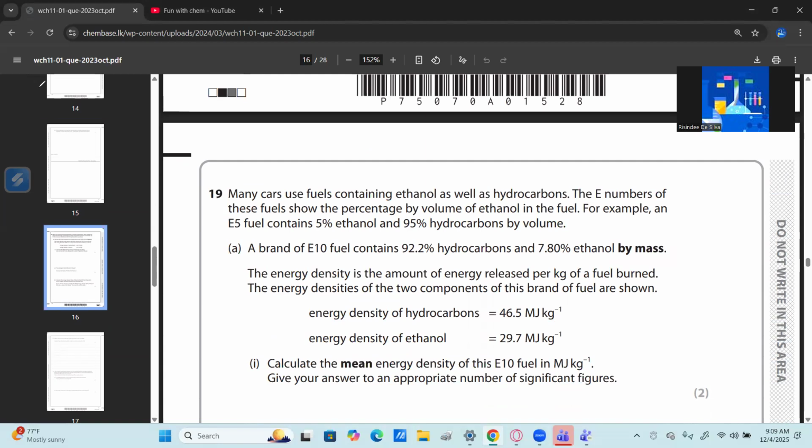So when you use E10, the use of hydrocarbon has reduced, and the use of ethanol has increased. And you know, ethanol is a biofuel, or it can be regenerated. We can get it from plant sources as well. So in the marking scheme, they have given ethanol used could be bioethanol, or ethanol sources are from plants, 1 mark.